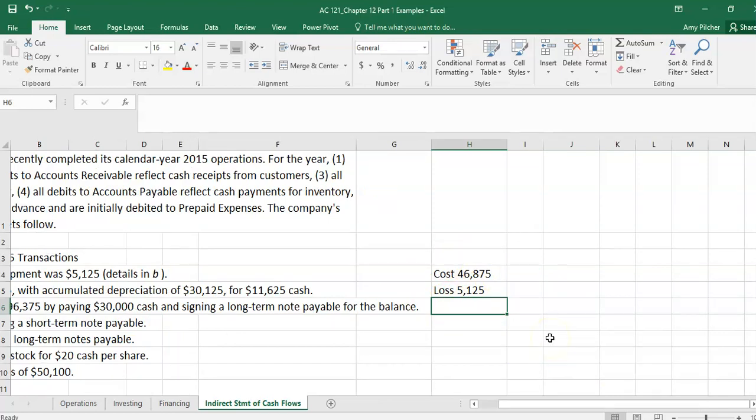So in order to calculate how much cash we received, we need to know what the book value of that asset was. In order to determine that, we need to make a T account because the item that we don't have to calculate book value is accumulated depreciation.